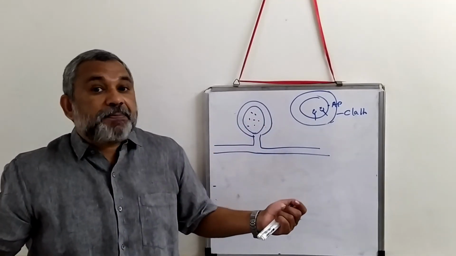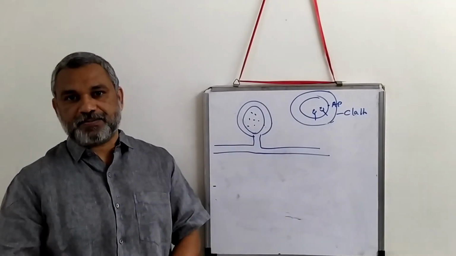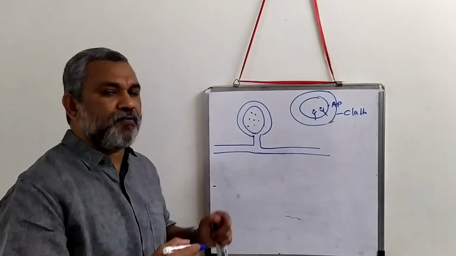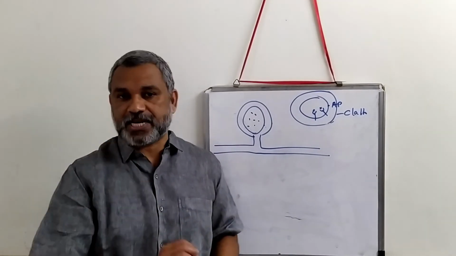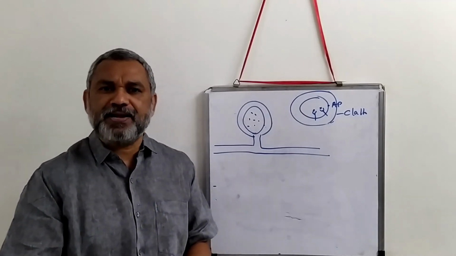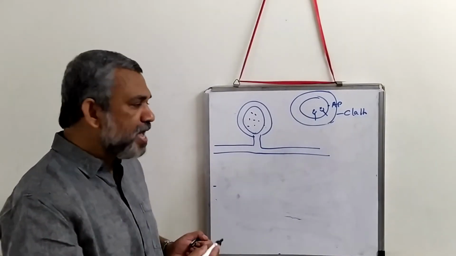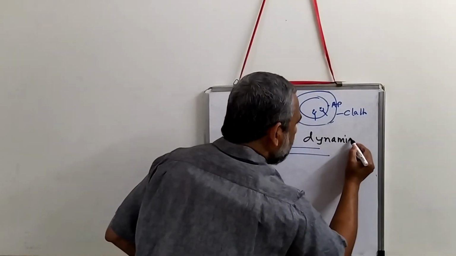Now it must get separated. So how does this separation occur? In the case of clathrin coated vesicles, the separation is very well studied. Scientists have identified a protein, and the name of the protein is dynamin.